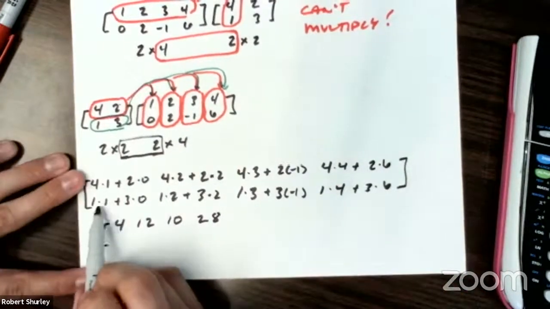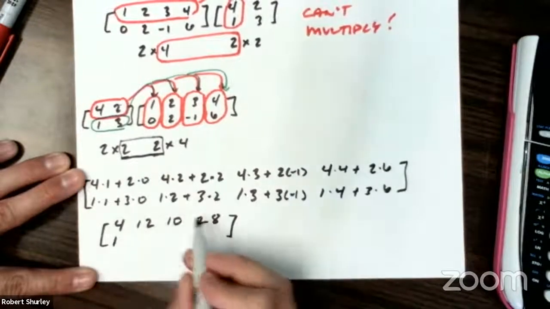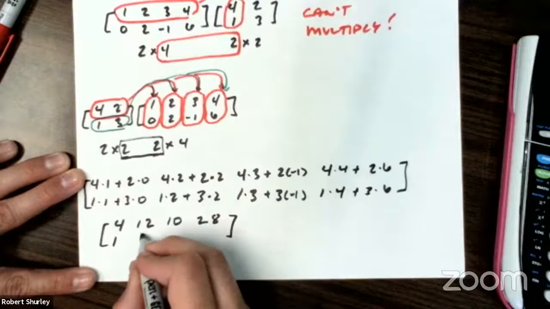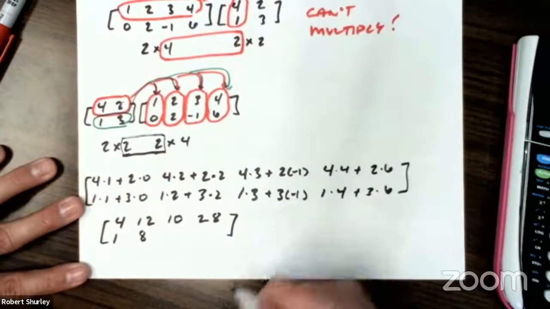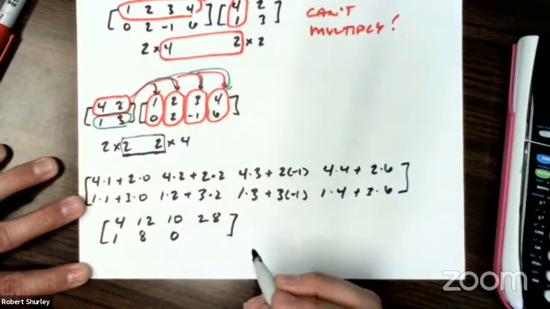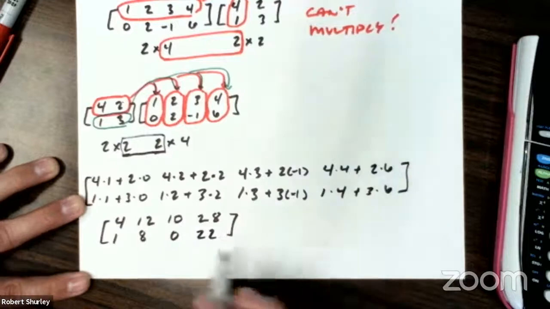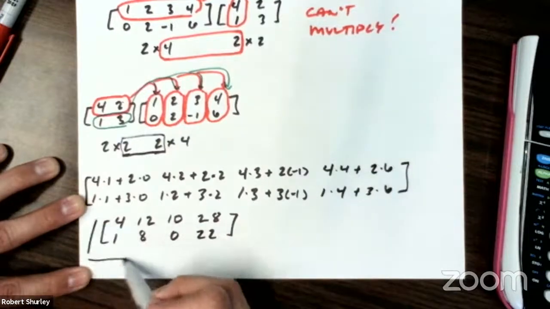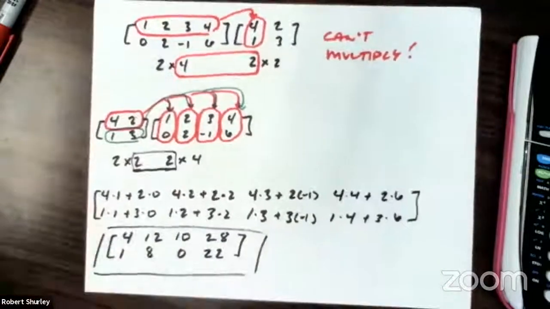And then this bottom row, it's just 1. 2 plus 6, so that's 8. 3 plus a negative 3, that's 0, right? And then 4 plus 18, that's 22. We multiplied these matrices out. Pretty neat.